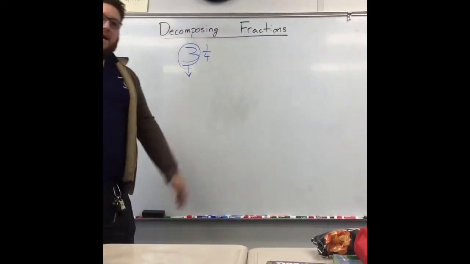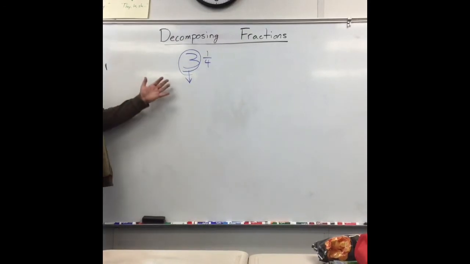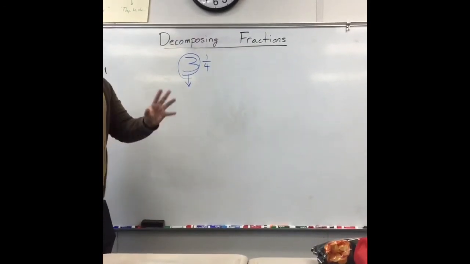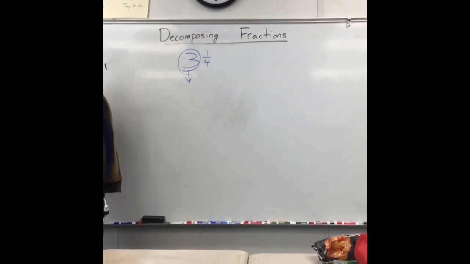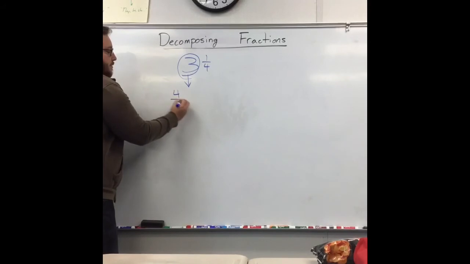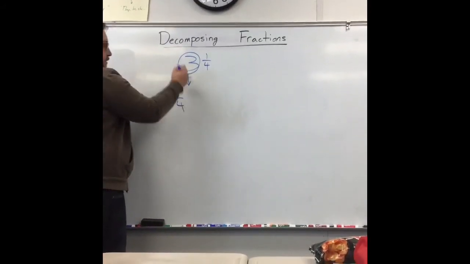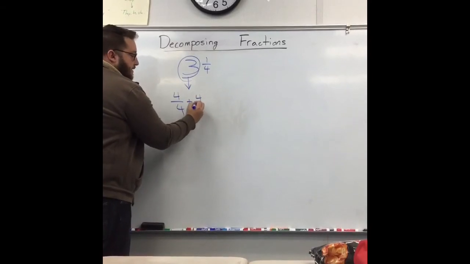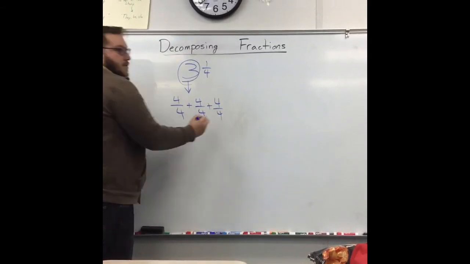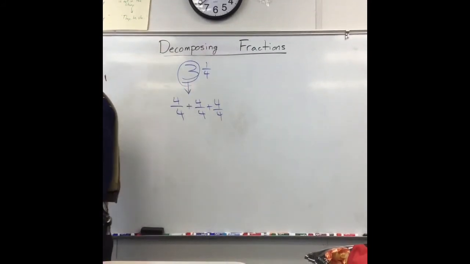What's going to be my denominator? 4. How do I make one whole into fourths? Preston? You do 4 fourths 3 times. Why do I do it 3 times? Because 3 is the whole number. I'm having 3 groups of 4s. Okay? All done, right?